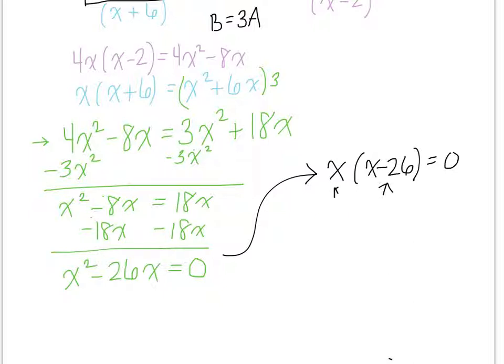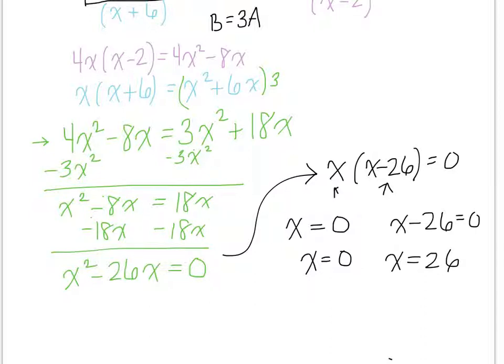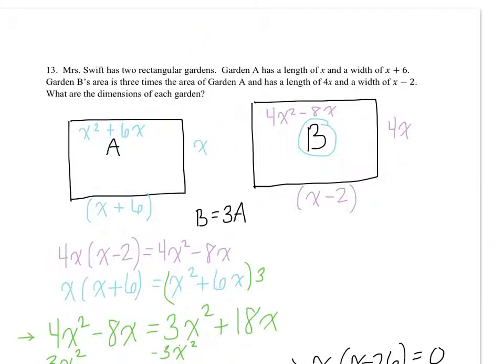If this times this equals 0, then either x has to equal 0 or x minus 26 has to equal 0. So our final answers are x equals 0 and x equals 26. You can't have a length of 0, so we can reject that one, and we know that x is 26. So let's come back up to our problem.